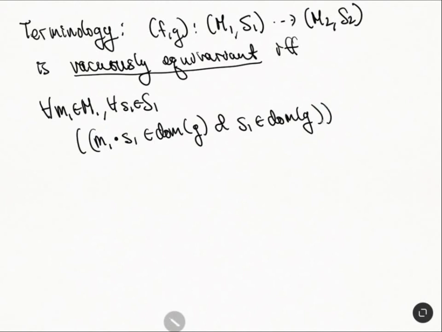So if we have this, it implies that M1 is equal to the identity, right?